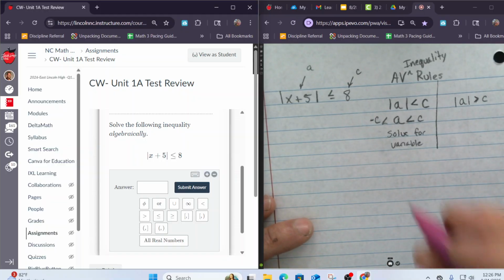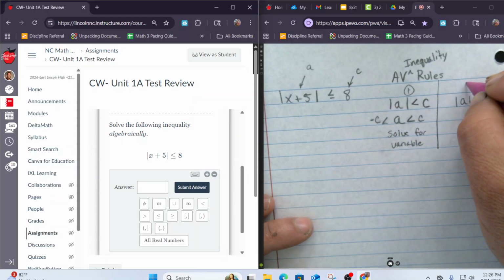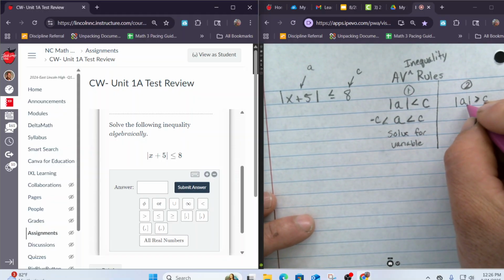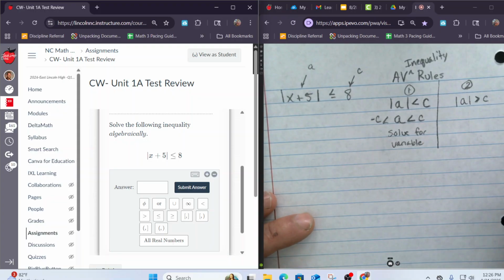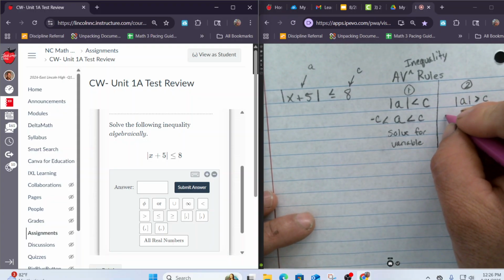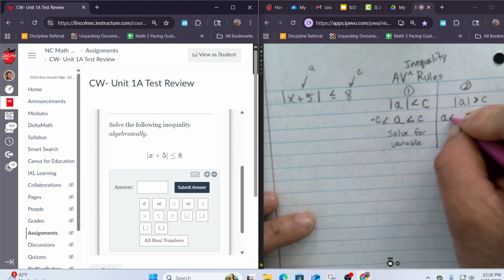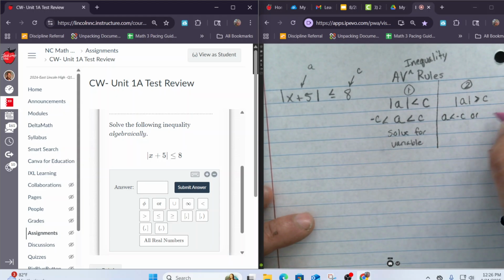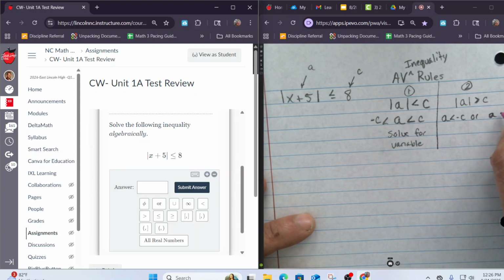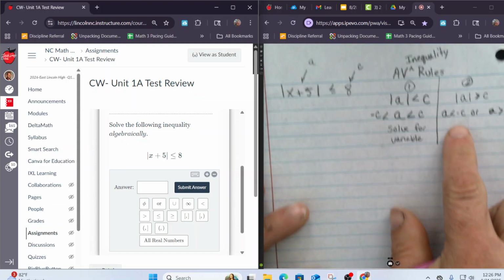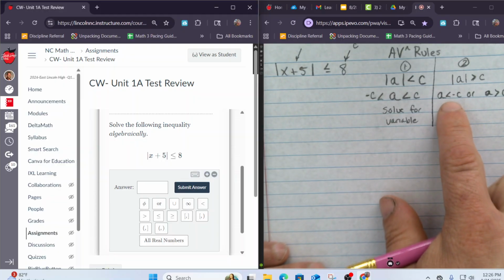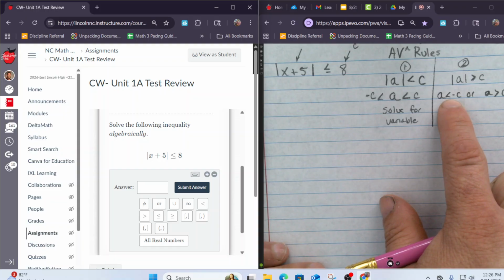The other rule, we'll just call this number 1. Rule number 2, if you got absolute value of A greater than a C value, the less than always goes with the negative.